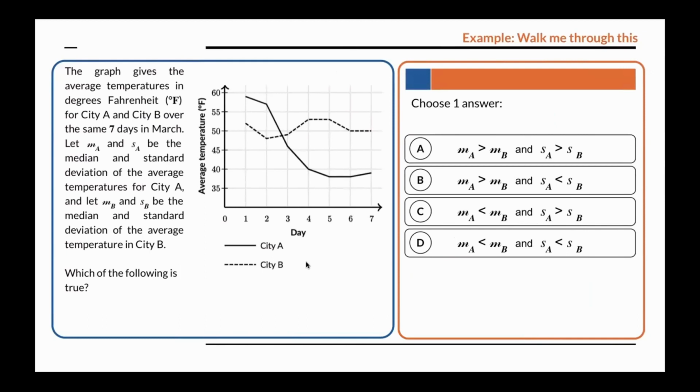This one I also thought was really funky, but it says the graph gives us the average temperature in degrees Fahrenheit, city A and B, over the same 7 days. MA is the median and SA is the standard deviation, and MB, SB is for city B. And so what we're going to do is, sorry, I like to color code this.